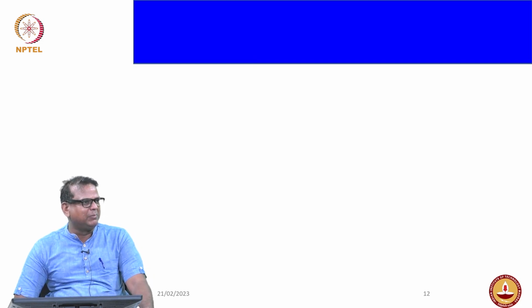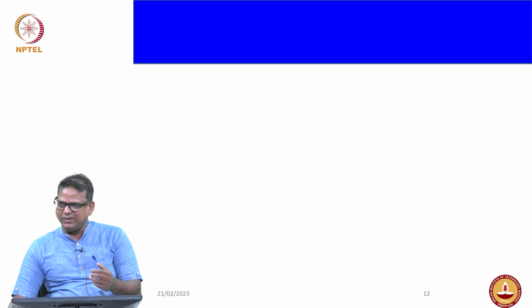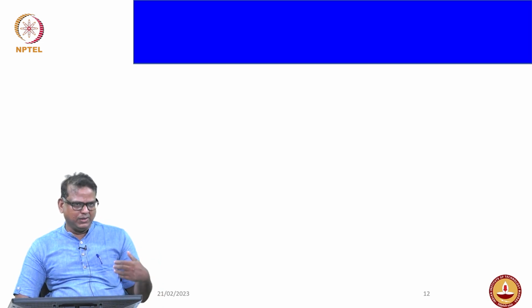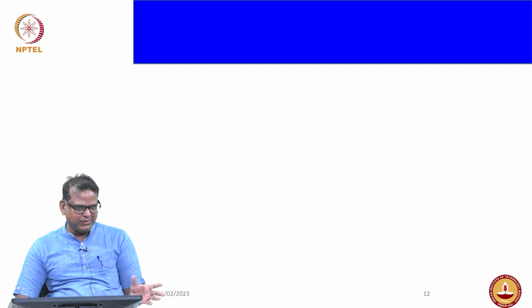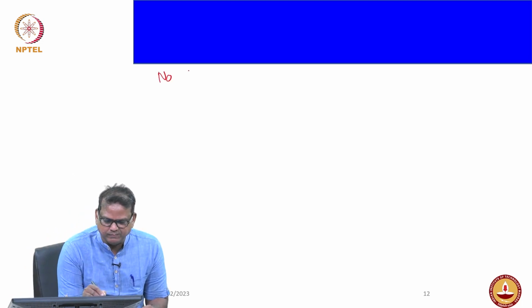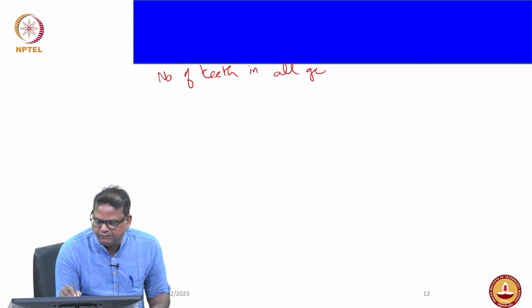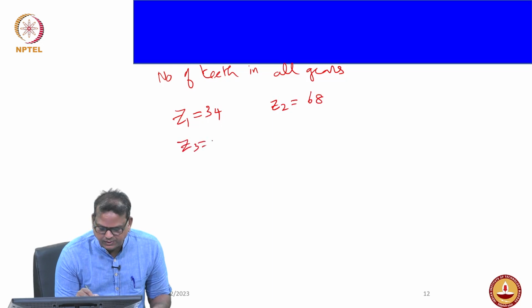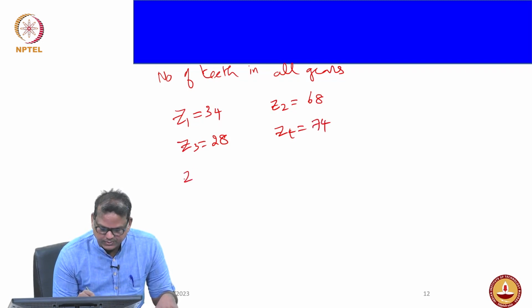Before proceeding, we should know the number of teeth for each gear. As you are aware, we did the gear teeth calculation and found some gears had fewer than 17 teeth. So, without changing other parameters, we doubled the number of teeth in all gears of this gearbox: Z1 34, Z2 68, Z3 28, Z4 74, Z5 32.